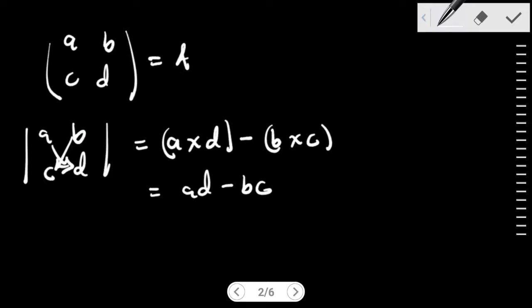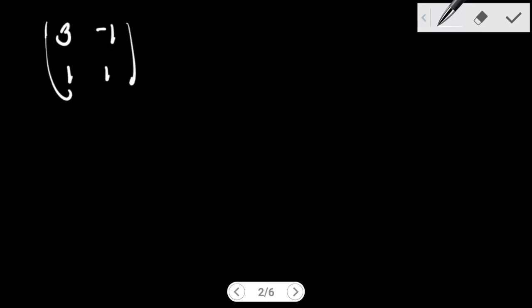So let's have an actual example. Suppose I've been told to determine the determinant of this matrix: 3, negative 1, 1, 1.